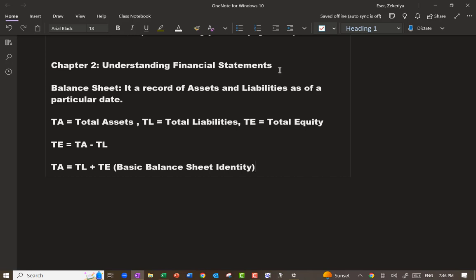We're going to call them current assets, or CA for short, and net fixed assets, or fixed assets in general, NFA or FA. Okay? So total assets by definition is equal to current assets plus net fixed assets.